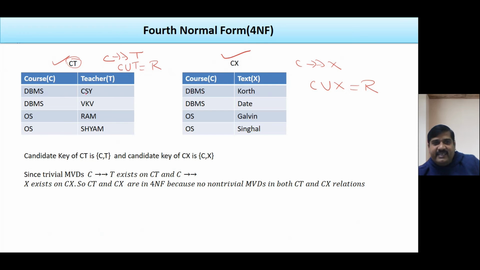So we can say that CT is in fourth normal form and CX is also in fourth normal form. The candidate key of CT is the combination of C and T, and the candidate key of CX is the combination of C and X. Now these two tables or relations are in fourth normal form.